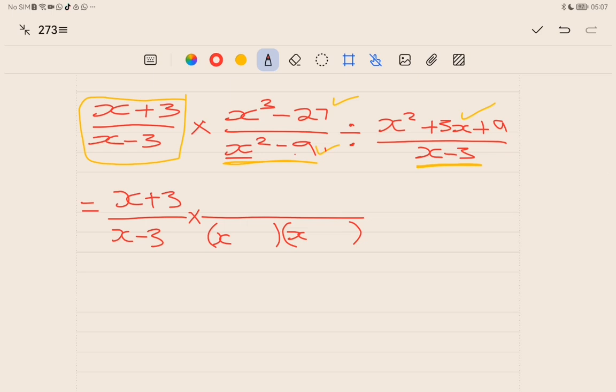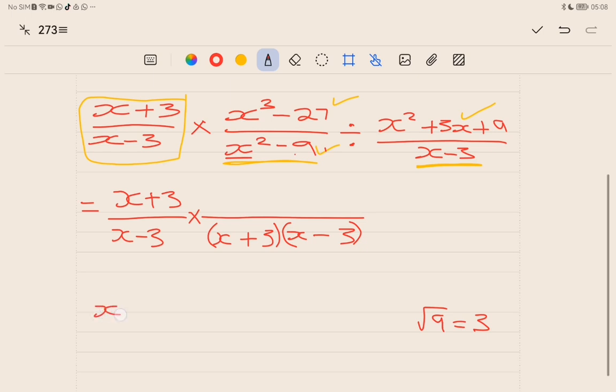You're going to put it under a square root. Then after putting it under a square root, you get 3. So you're going to say 3, 3. Then you can put positive here, negative here, or positive here, negative here. It depends on your liking.